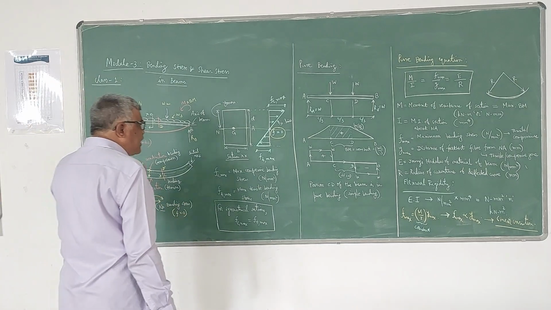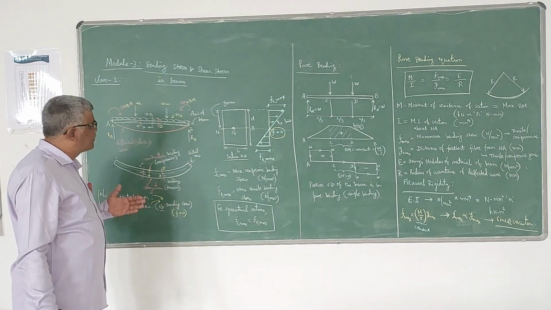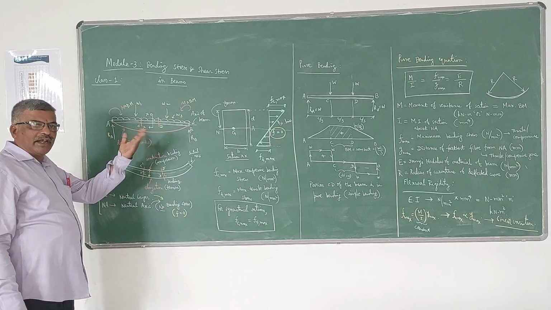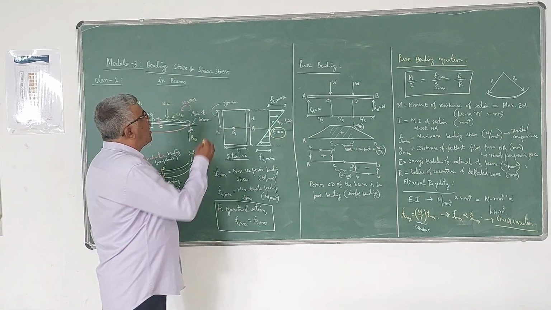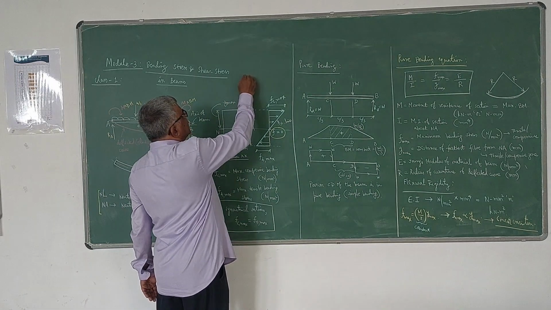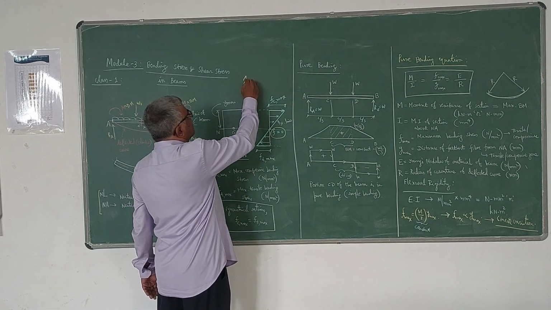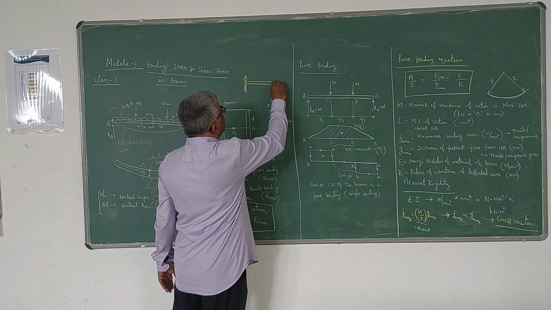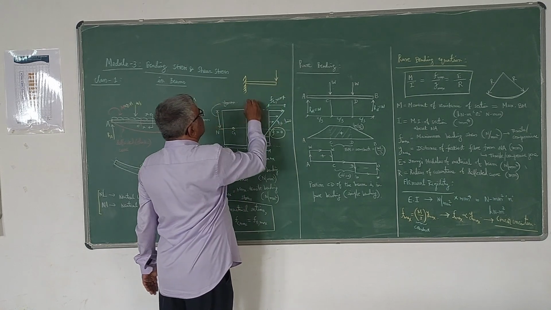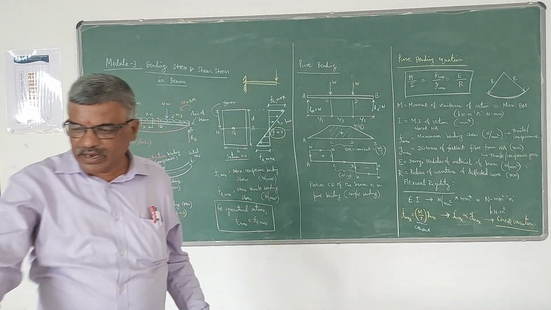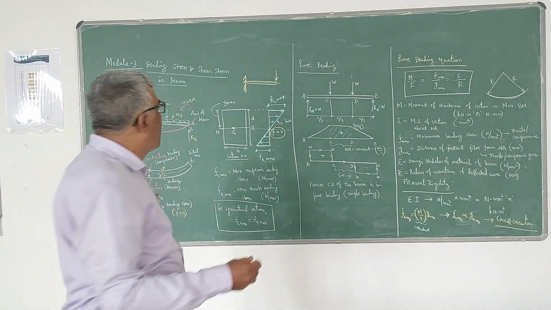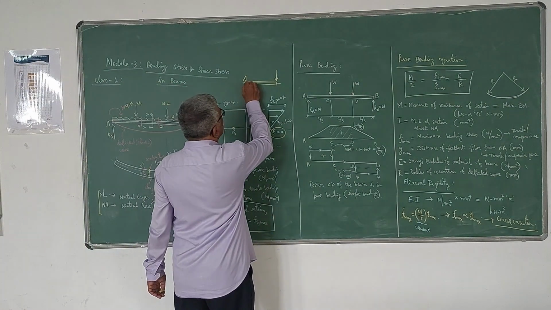Now, in the case of a cantilever beam, what happens? This is simply supported. In the case of a cantilever beam, the deflection will be hogging in nature like this. If I take a cantilever beam like this, subjected to some load like this, definitely this axis will be deflected in hogging fashion, like this.